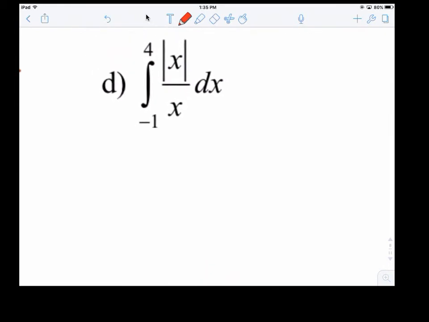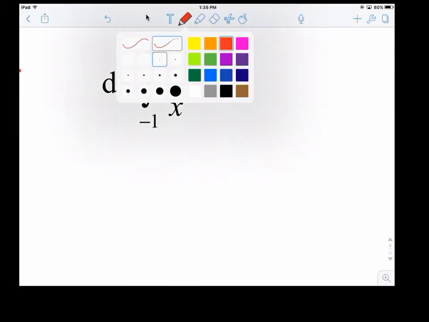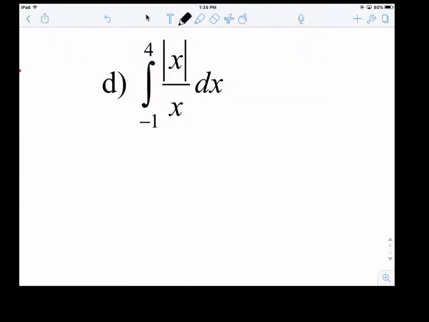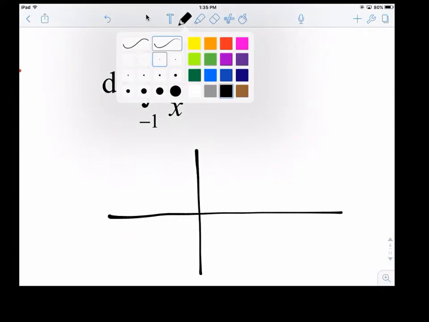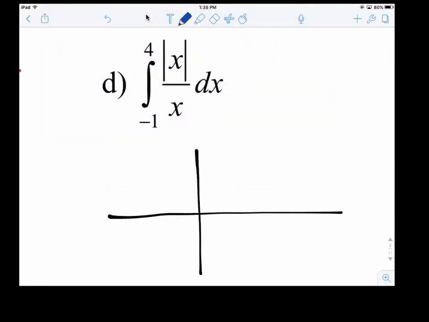All right, last one. Not square root of x, absolute value of x over x. What function is that? So if you plug in like 5, what do you get? If you plug in -5, what do you get?